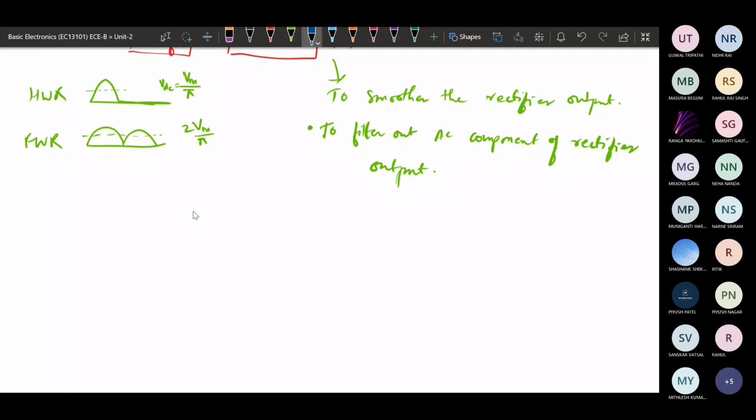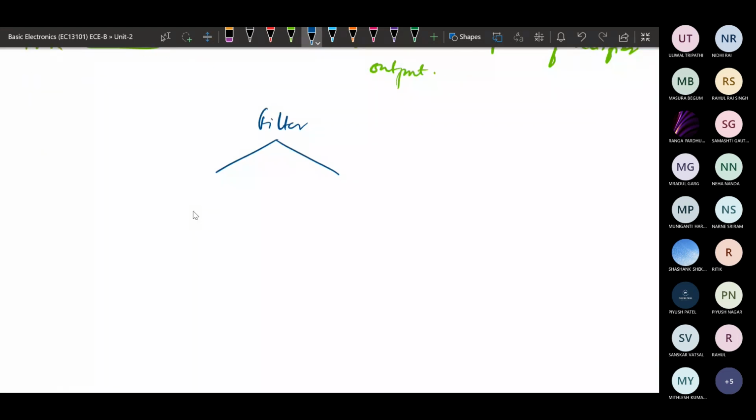These filter circuits are implemented by using two different methods. One is by using an inductor. If we use an inductor, then we can implement this filter circuit, or instead of an inductor we can even use a capacitor. When we use an inductor, we call it an inductive filter.